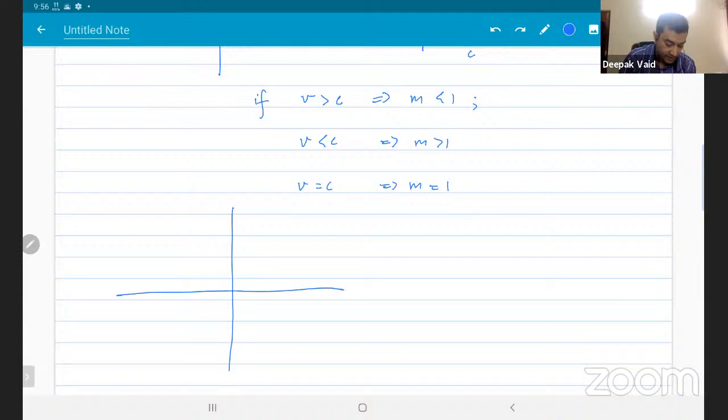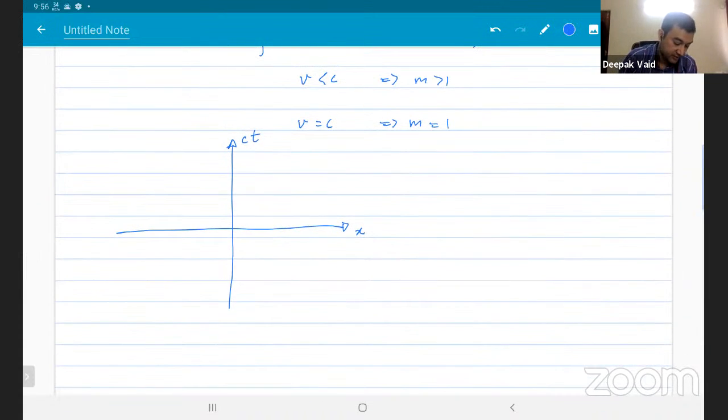So what does that mean? It means that whenever I draw, I'll put this c back over here, okay? Because you might not yet be accustomed to working without it, so I'll just leave it there.